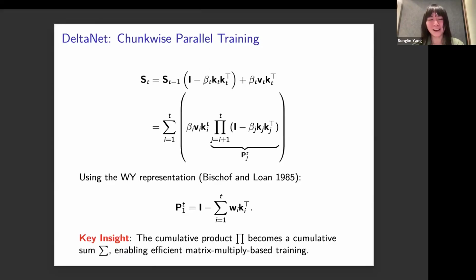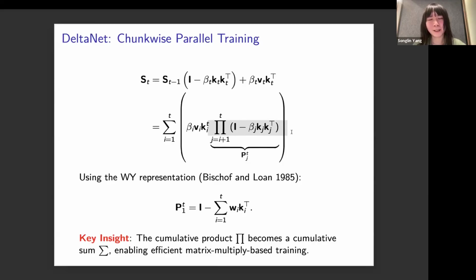Whenever you want to parallelize RNN training, you need to unroll this recurrence. By unrolling this recurrence, you will have some cumulative product of the transition matrix. If we use an arbitrary unstructured dense transition matrix A_t here, then we would have a cumulative product of arbitrary unstructured matrices.